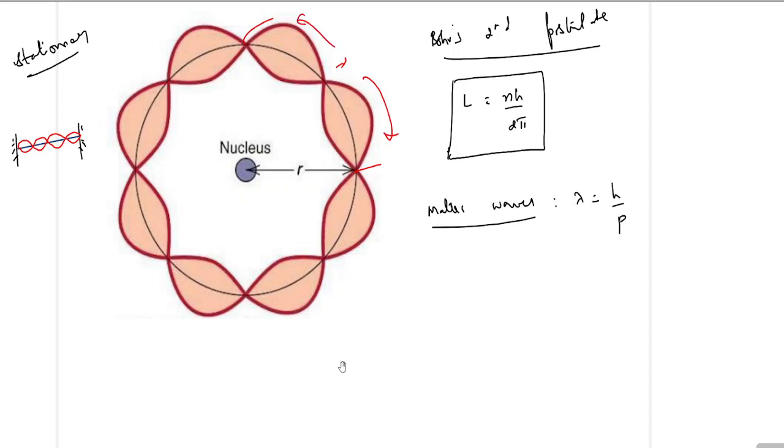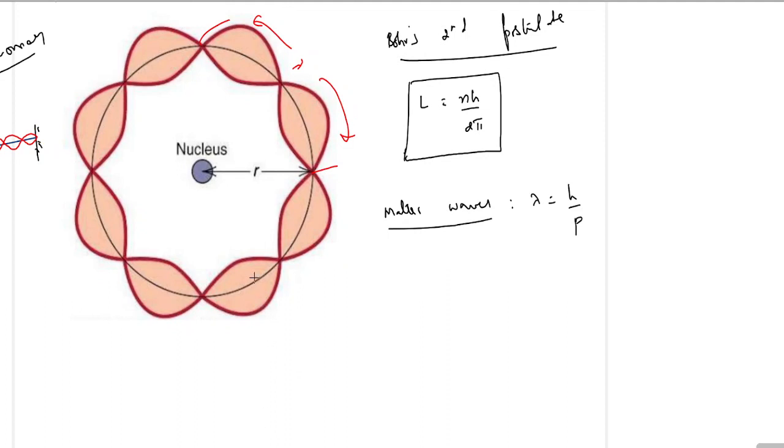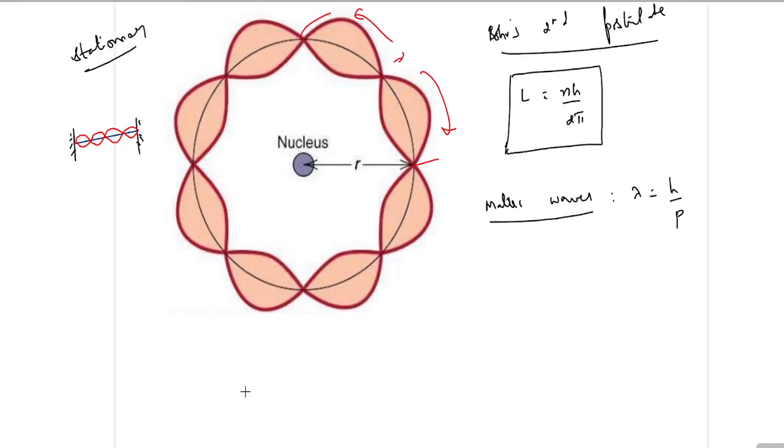Now the condition for the electron to exist in the orbit is that the distance available is a multiple of lambda. For example, if you look at a string of length 2 meters, then the wavelength can exist such that the length should be n times lambda.